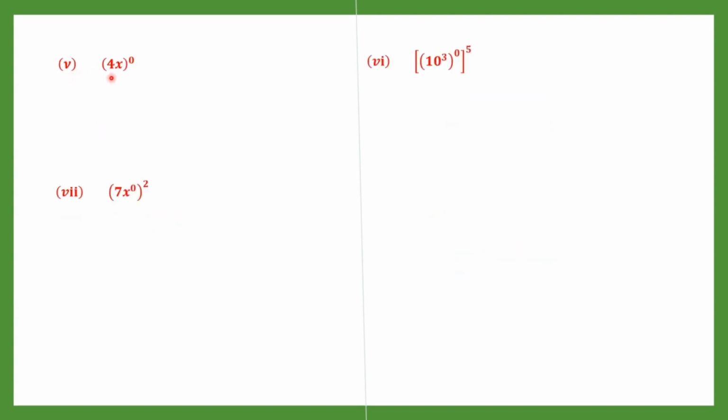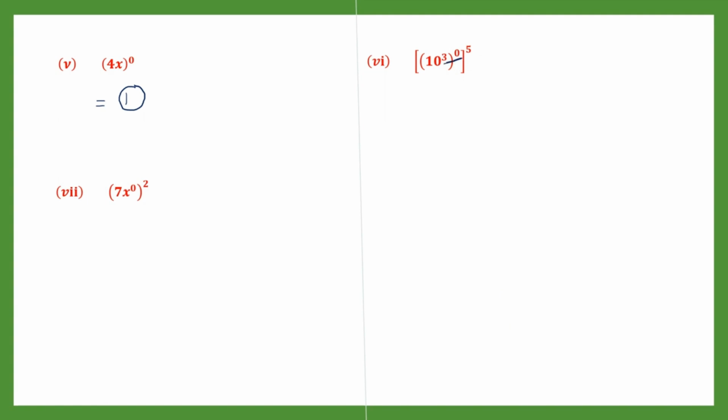Question 5. This time 4x, the whole thing is raised to the power of 0. That means this whole thing is now equal to 1. So the answer here is 1. This is our answer. Let's go to the next one. Question 6. Here we have 10 raised to the power of 3, which is raised to the power of 0, and that whole thing is raised to the power of 5. So first we need to work on these two powers.